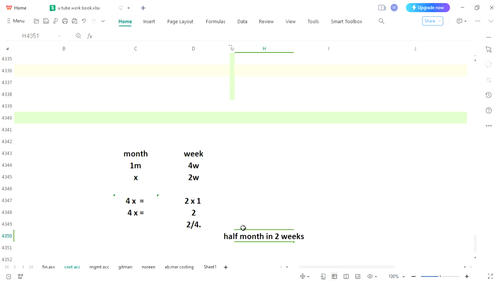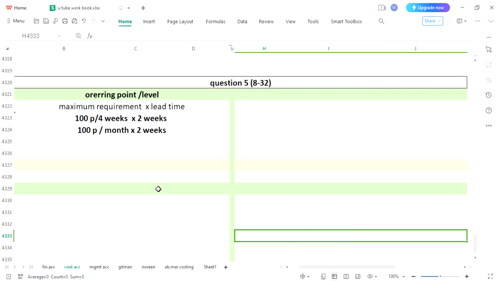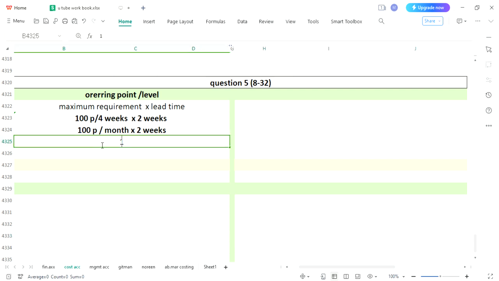Alright guys, so our requirement has been completed, and from here we will use this time in our calculation of the ordering level. But keep it in mind, time is 0.5. So here 100 pieces would be written as usual, and it would be multiplied by the time.